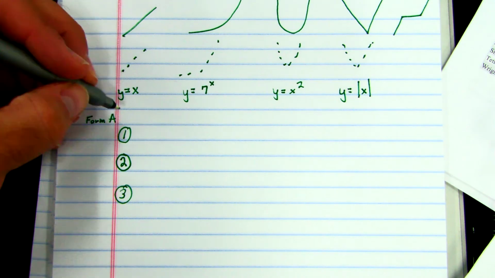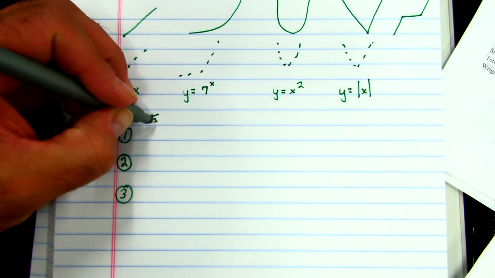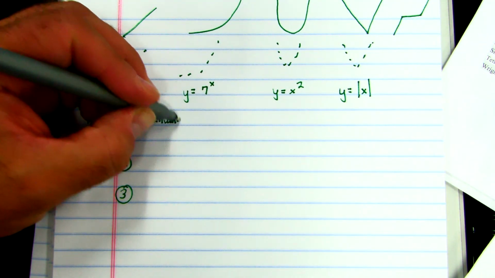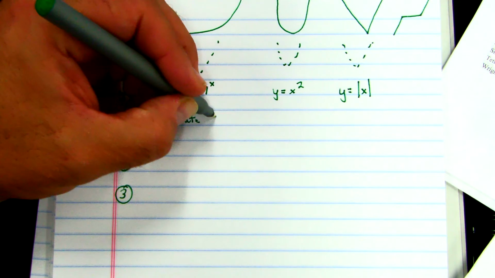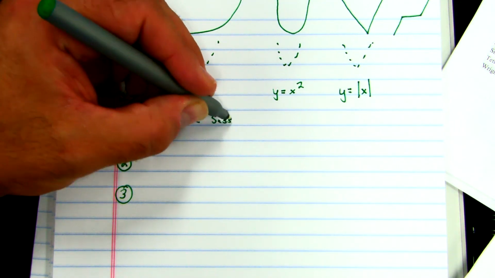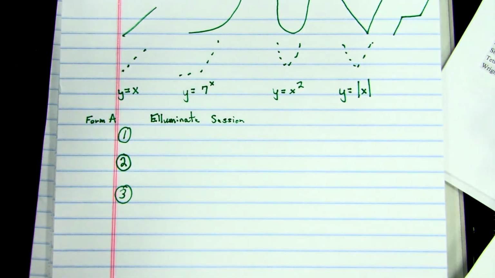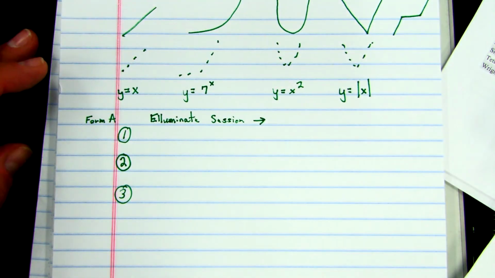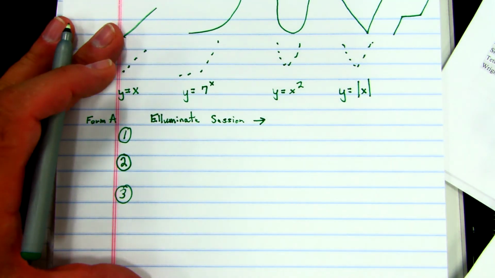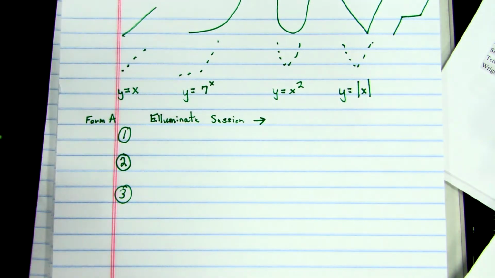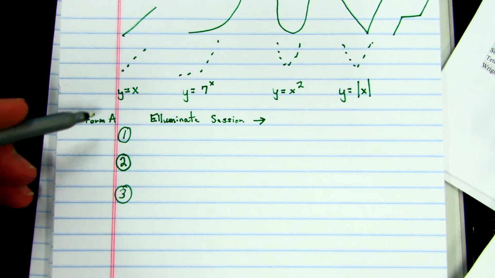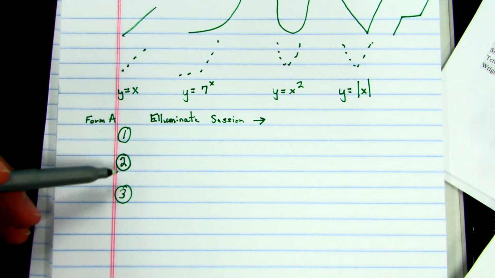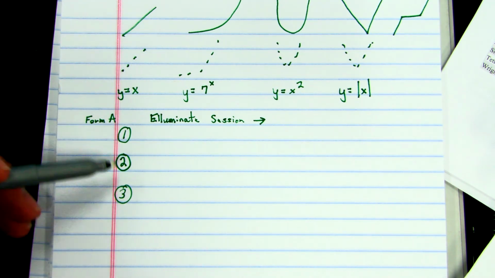Now, when I go over this in our Illuminate session, because this will be an Illuminate session as well as a video, I'm going to put it in both. I'm actually going to do the video right after this. But I want you to understand what the process is for them to be able to retake this test and score much better. But they will have to do these things. Okay? 1, 2, and 3.